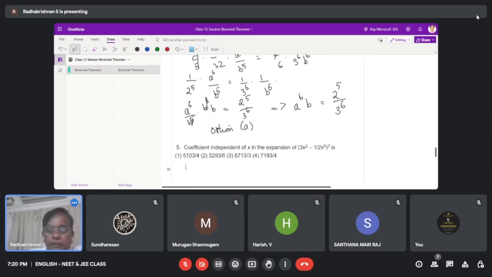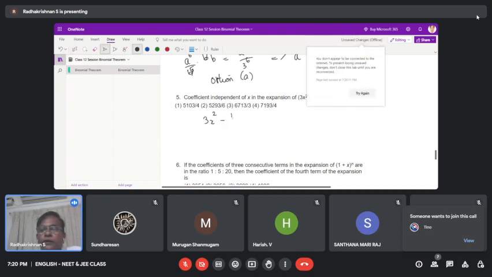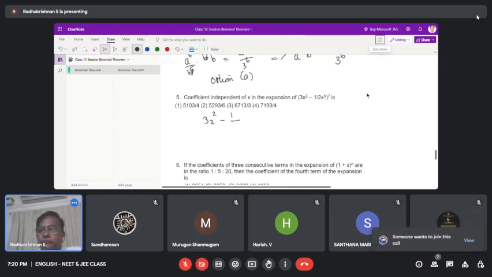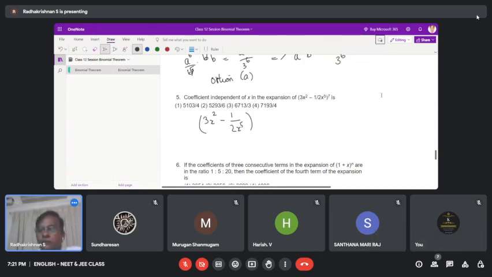Okay, let's go to the next problem. It is very similar, easier actually. Coefficient independent of x in the expansion of (3x square minus 1 by 2x) power 5. I will write it. 3x square minus 1 by 2x, whole to the power of 7.